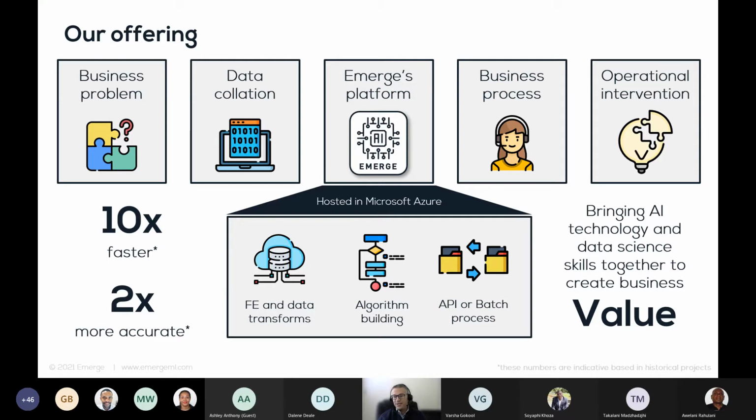And then it's about integrating into the business process and intervening operationally to create value. So we are in essence a hell of a lot quicker than what we've seen in the market, and substantially more accurate. But ultimately, it's about bringing the data science skill and the AI technology together to create business value.